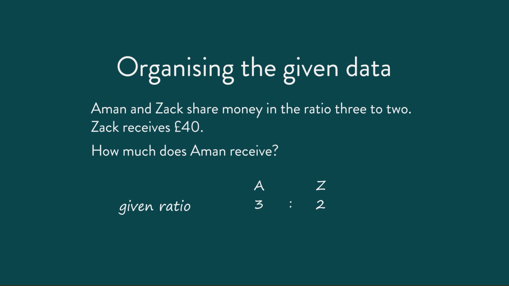The second row records the ratio in terms of actual amounts. Aman's actual amount is unknown. We'll use the letter X to represent this amount. The second row records the ratio X:40. We'll now develop three methods for determining the unknown amount.